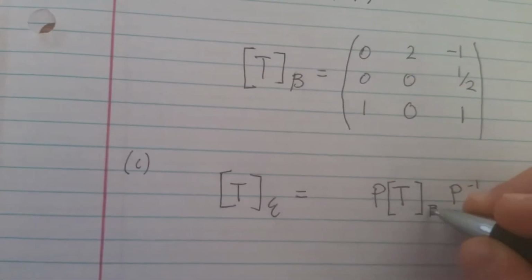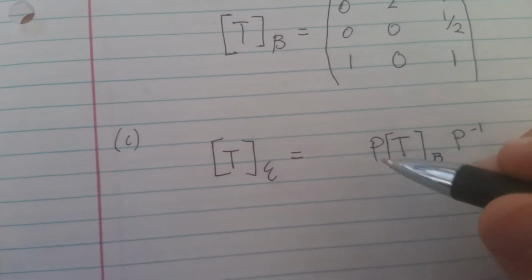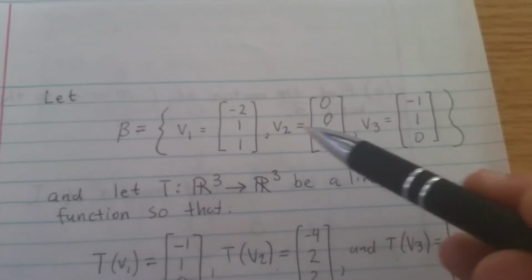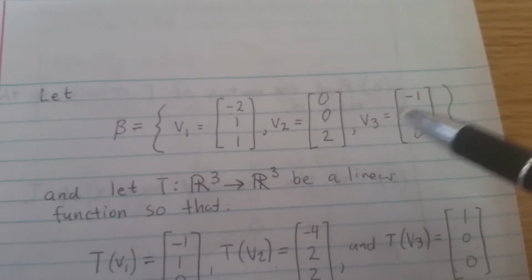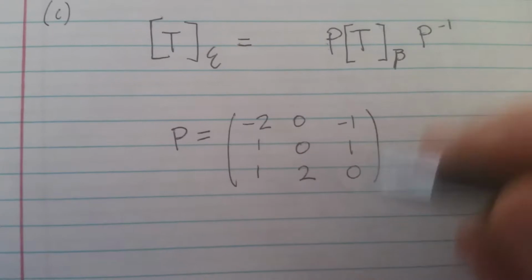We found that, so that's what P is, but here I'll just write it out. Remember, right here we have each of these: negative 2, 1, 1, 0, 0, 2, negative 1, 1, 0. That's going to be your column vectors for the matrix.